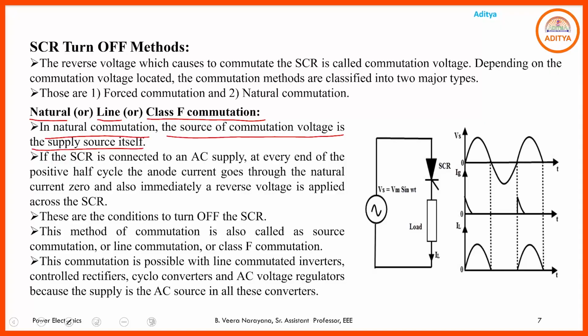So here we will go through a simple example. Here we have the AC source as the input, which has the magnitude Vs equals Vm sin omega t, and I just want to transmit this AC voltage to this load by using this SCR. Here the SCR terminals are anode, this one is cathode, and this is the gate.